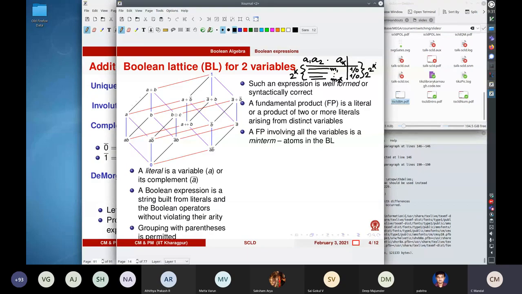So this basically indicates how many possible distinct Boolean functions you can have.